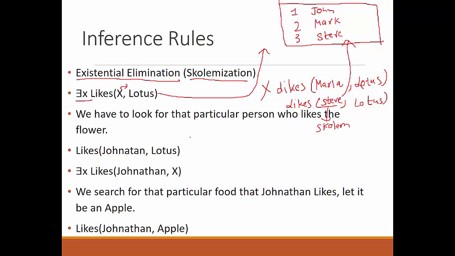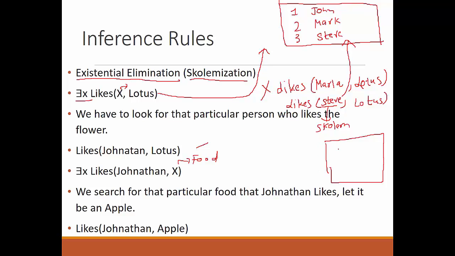Now let's have another example. Jonathan likes lotus, which we discussed already. Now let's shift to this example, which is Jonathan likes x. Let x represent any kind of food, for example. And we have in our knowledge base what is liked by John.